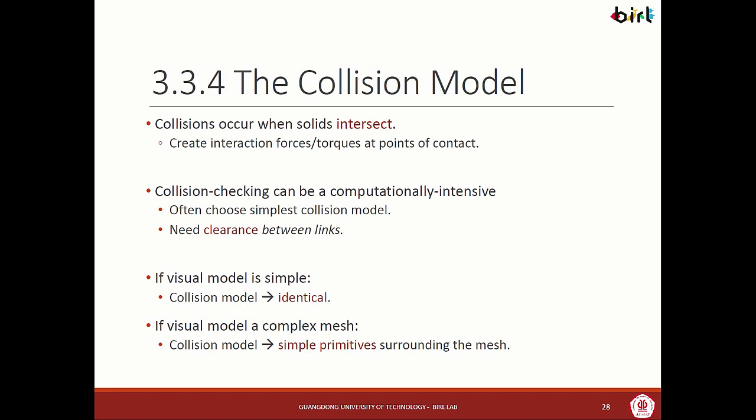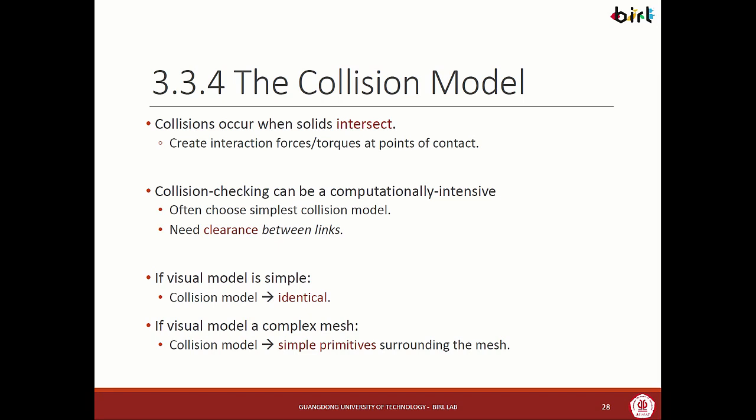If you do this, boom, they touch, they intersect. Then there's a collision. When they intersect, they create interaction forces and torques. At the point of contact here, you may only have one point of contact, but maybe you have multiple points of contact with more complicated shapes. Yeah?